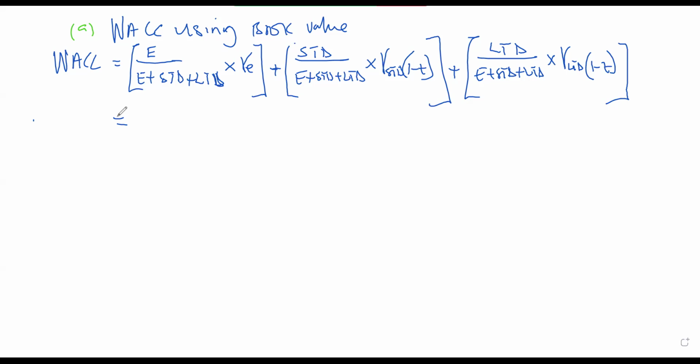Does it mean that the E is the value of equity and the RE is the percentage of equity? No. E is the value of equity, RE is the cost of equity. So how do you get the percentage of equity?